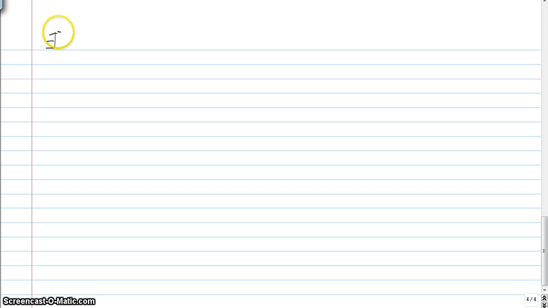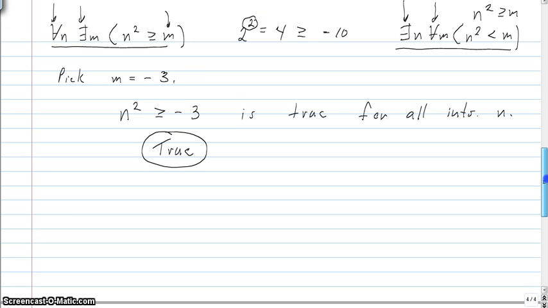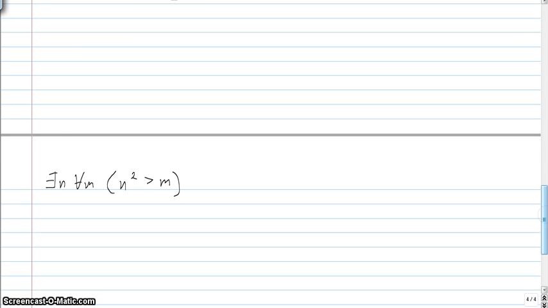Let's look at another one like this. Same domain, integers. So we have there exists n, so that for all m, n squared greater than m. Now this looks a lot like the last one that I did, except notice in the last one this guy was for all and this guy was there exists.